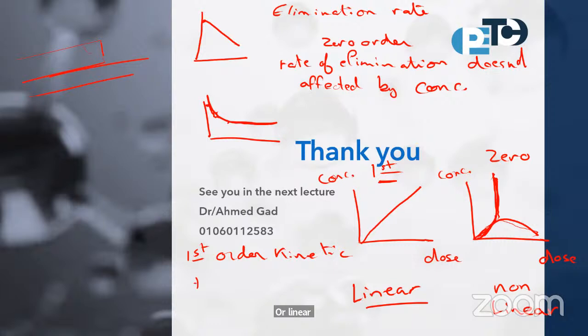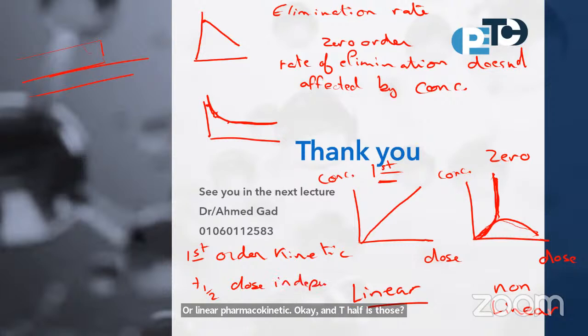Okay, and T-half is dose independent. So in first order kinetics or linear pharmacokinetics, the T-half is dose independent. While drugs like phenytoin, for example, or heparin, do they have a certain T-half or not?